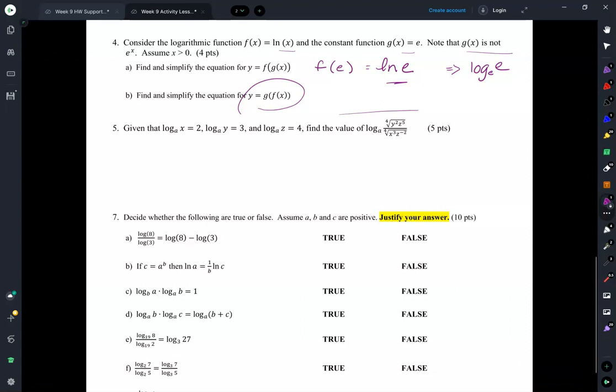And for number 5, given that log base a of x equals 2, log base a of y equals 3, and log base a of z equals 4, find the value of log base a of this big thing. So we have the 4th root of y squared z to the 5th over the 4th root of x cubed z to the negative 2.